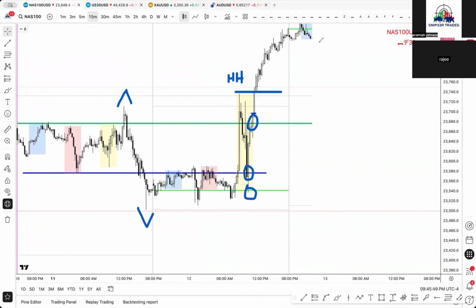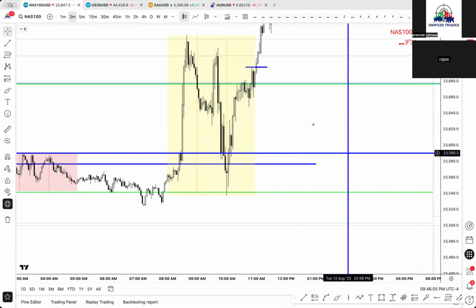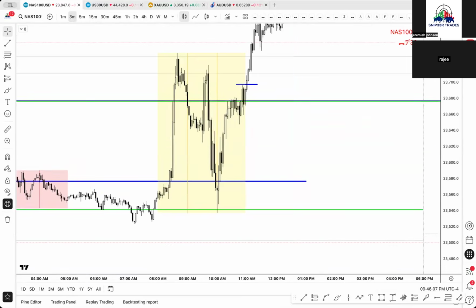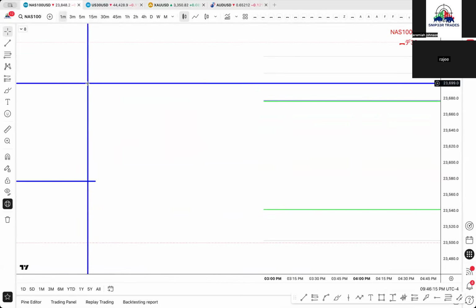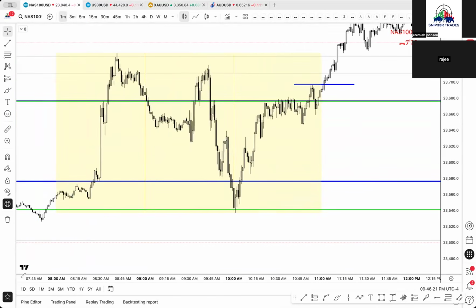So, levels, levels, timings, behavior, price. All you have to do is, during the session, when they get to these levels. Now, there were traders who, let me go to a 1 minute. There were traders who went short from our levels.